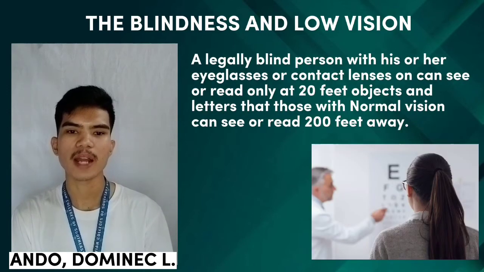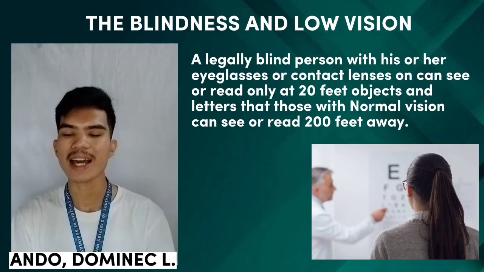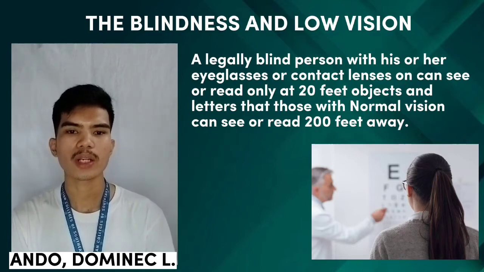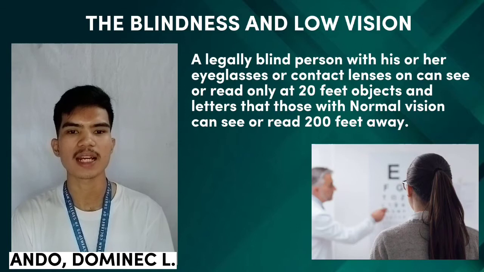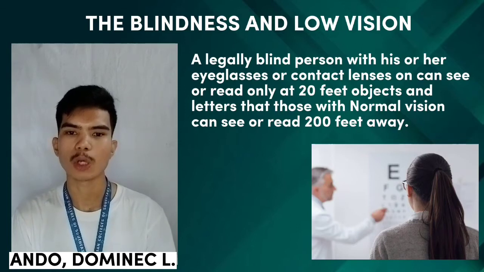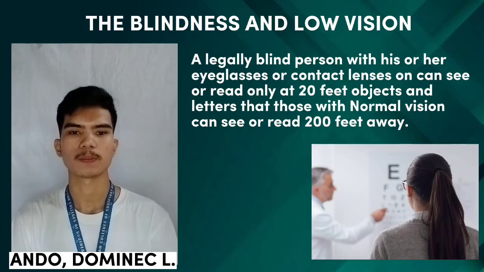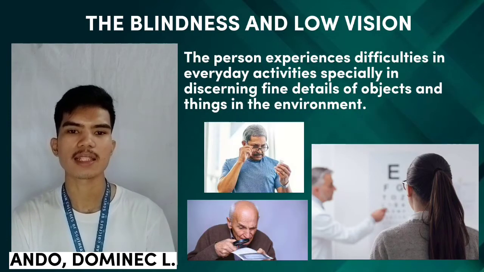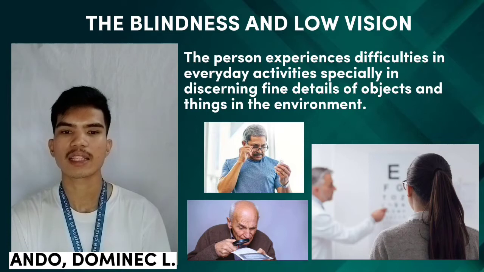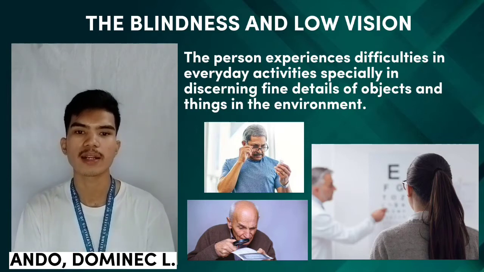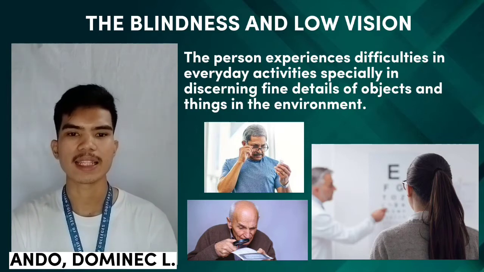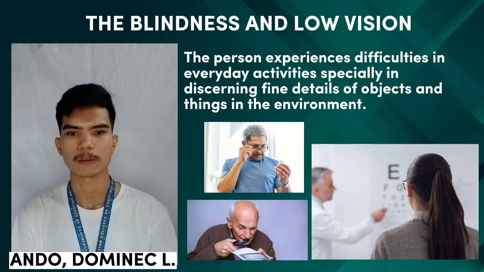A legally blind person with his or her eyeglasses or contact lenses on can see or read only at 20 feet objects and letters that those with normal vision can see or read 200 feet away. The person experiences difficulties in everyday activities, especially in discerning fine details of objects and things in the environment.